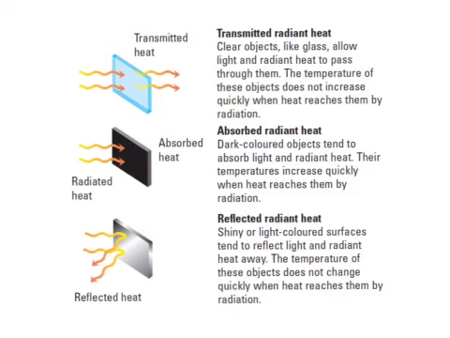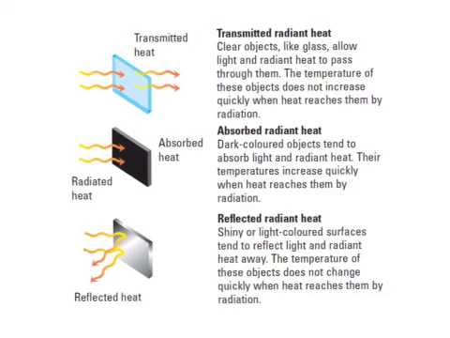The third one is radiation. Radiation is what's called radiant heat. Radiation, unlike conduction and convection, doesn't really require particles to transfer the heat. It's electromagnetic radiation, which is what we studied in the last chapter, if you remember.